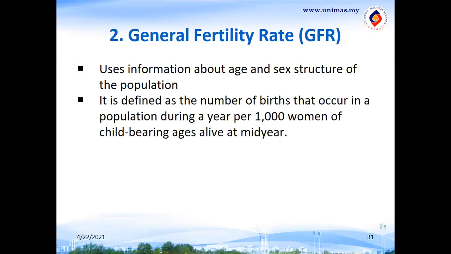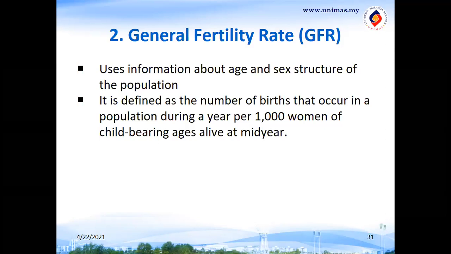Ya. So it is defined, or GFR tadi, general fertility rate is defined as the number of birth, ya, bilangan kelahiran that occur in a population during a year for 1,000 women. Yeah, so this is just about women, and not only women, but women who are in the childbearing ages. Yeah, childbearing ages.